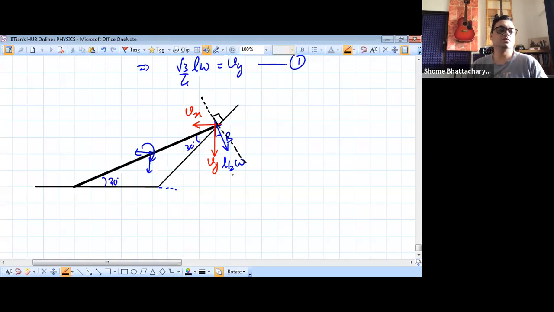This has to become 0. Right? So here, this angle will be 60, and that angle will be 30.